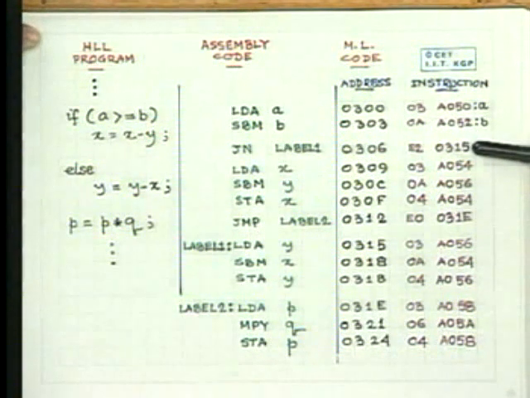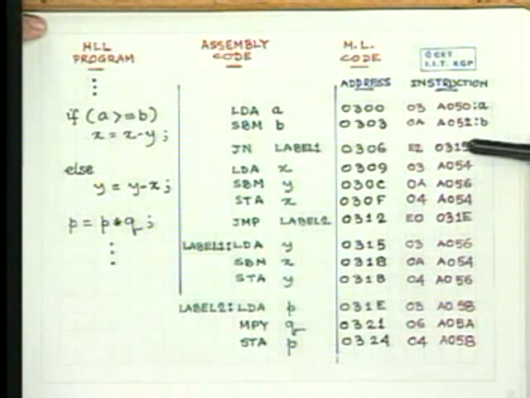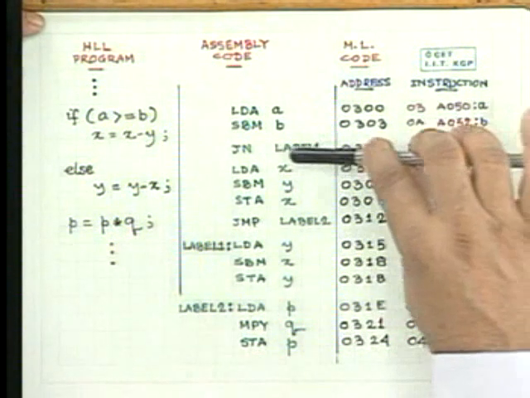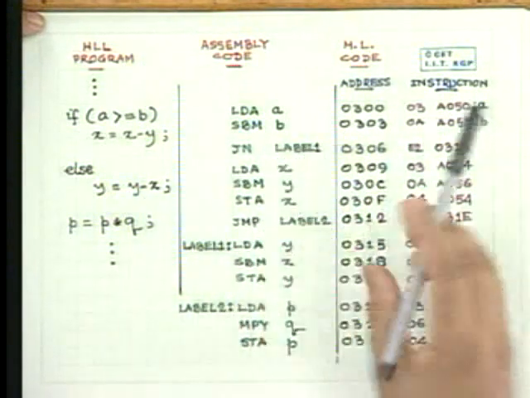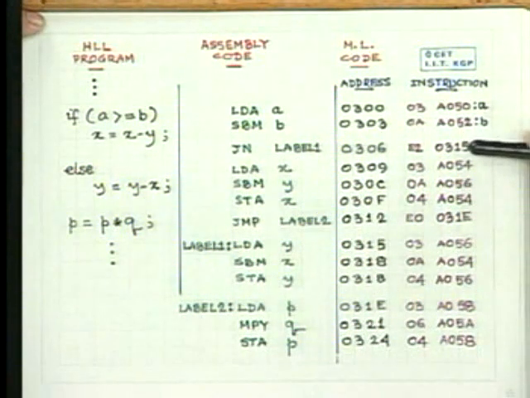If the result is non-negative, then the instruction the program counter is now pointing to, the jump negative to label 1, will now be executed.